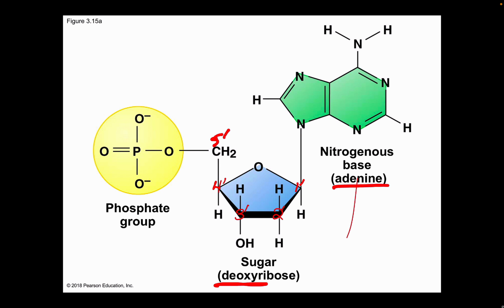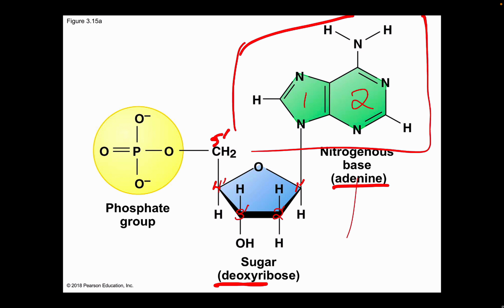You won't necessarily need to be able to identify the bases just based on their structure like that. But later in the year, we'll talk more about the fact that you can identify this base as a purine because it consists of 2 rings, whereas a pyrimidine like cytosine or thymine would only consist of a single ring.